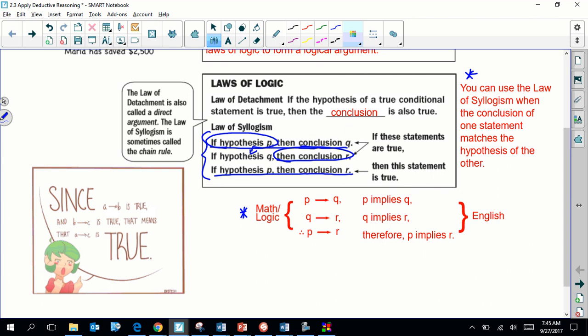Then we read Q implies R. And the little triangle dots there, we read as therefore P implies R, meaning that again the conclusion of one statement is the hypothesis of another statement, which allows me to eliminate those and, instead of going from point A to point B to point C, go from point A straight to point C.